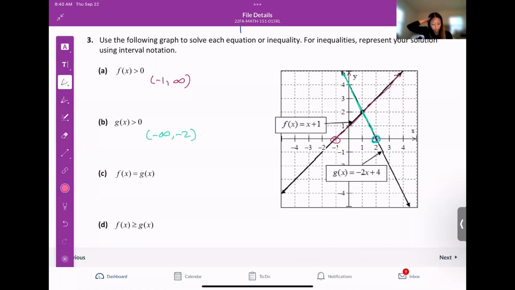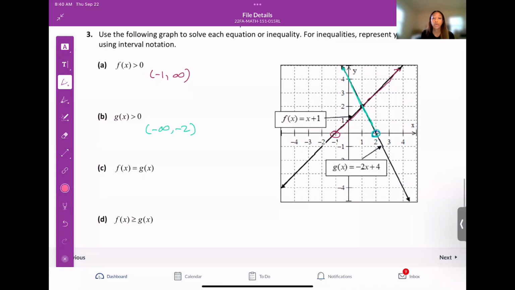All right, for part C, we want to know when f of x and g of x are equal to each other. That's this intersection point, which has coordinates 1, 2. So the x value is our answer. When x is equal to 1, f of x equals g of x.